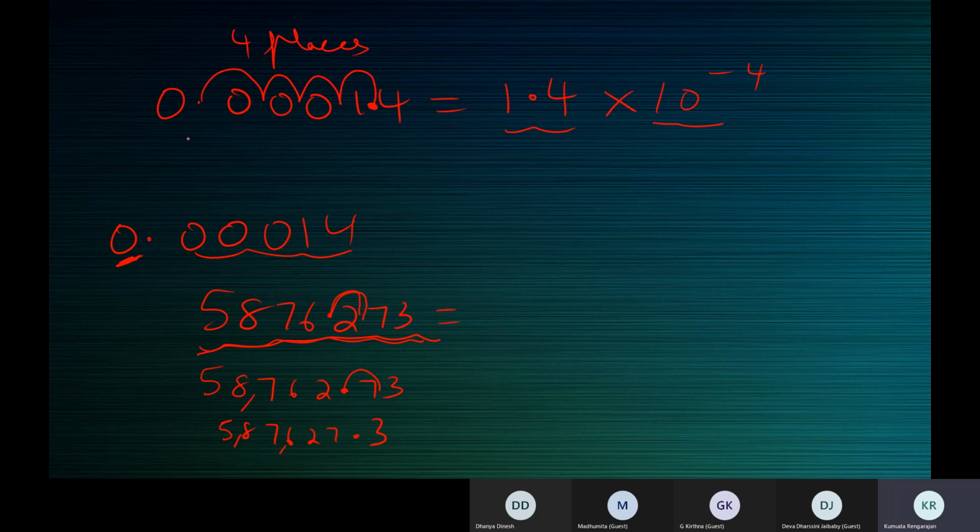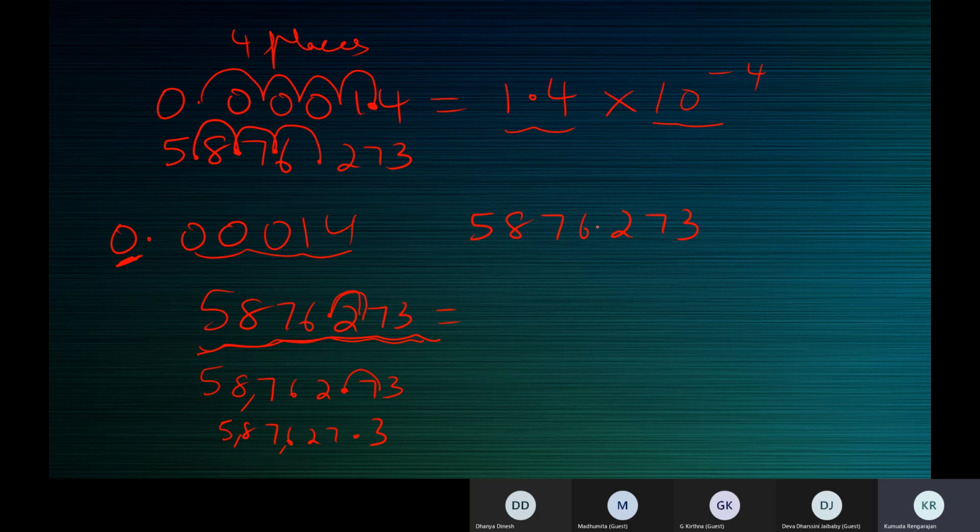Let me write it here. 5876.273. So go in the reverse direction. If it's here, 587 point. No. If it's here, 58 point. No, it's more than 10. If it's here, 5 point. Yeah, now this is between 1 and 10. Let me tell you again. 5876.273.